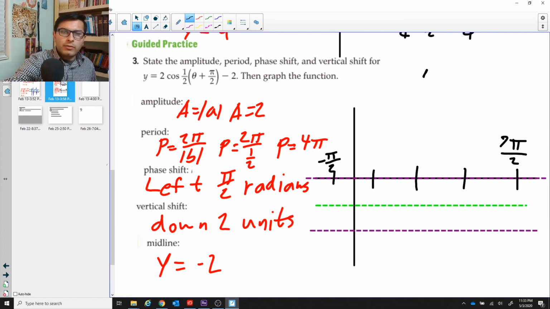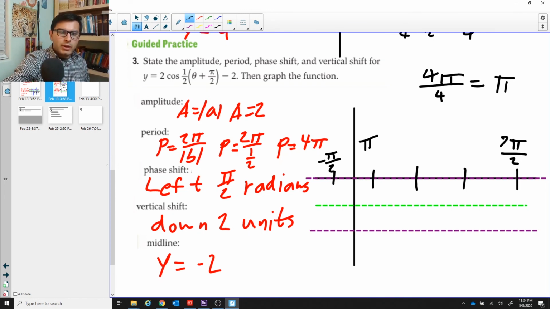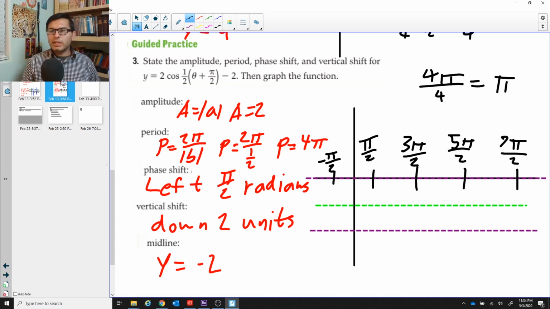So first we have 4 pi, and we're going to divide that by 4, and that's going to equal pi. So that's the thing that we're going to add to each of our marks. This will bring us here to pi over 2, the positive side of it. The next one will be 3 pi over 2. The next one will be 5 pi over 2. And just to make sure, if we add pi to 5 pi over 2, we will get to 7 pi over 2.